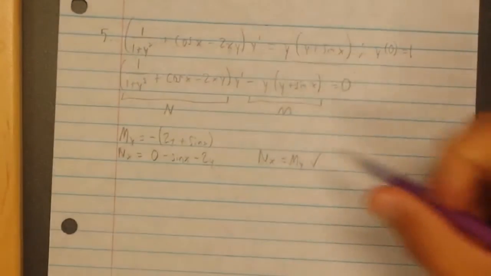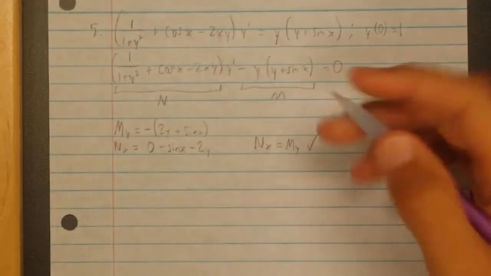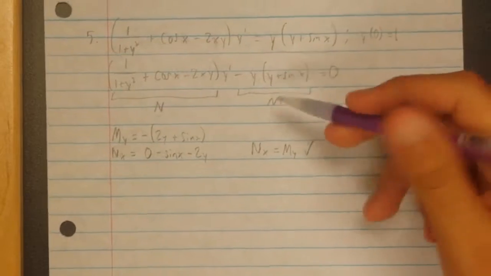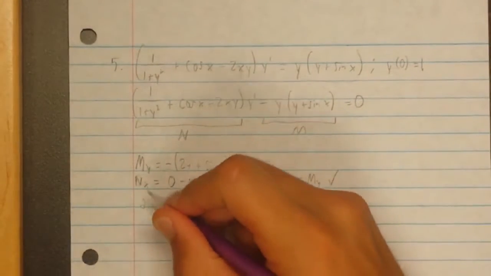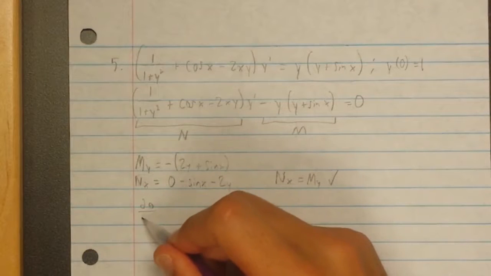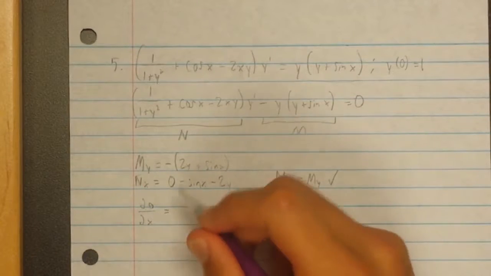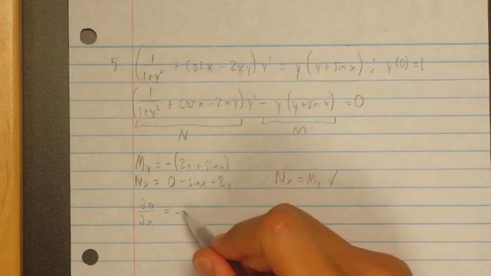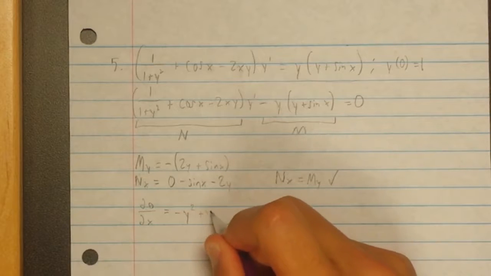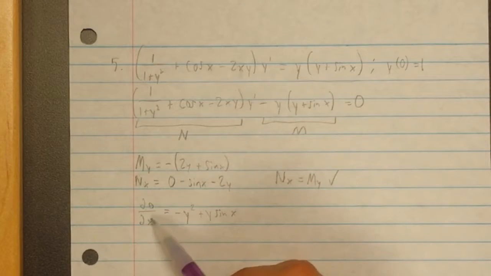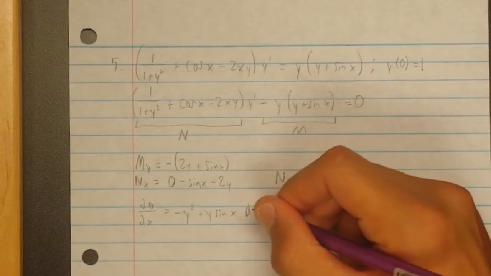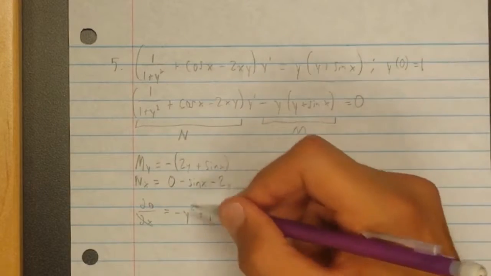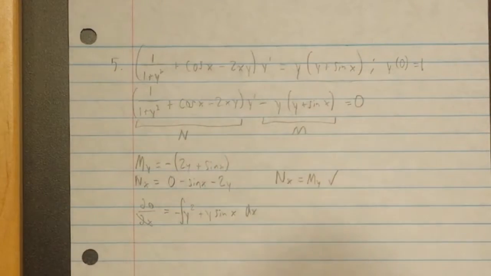So now that we have Nx equals My, we take the partial derivative of theta with respect to x and set it equal to M. So negative y squared plus y sine x, and multiply this side over, dx, and that cancels, and take the integral of both sides.